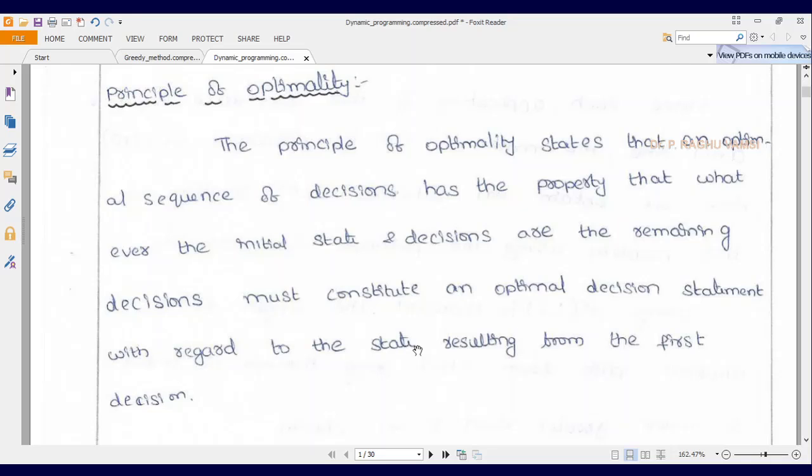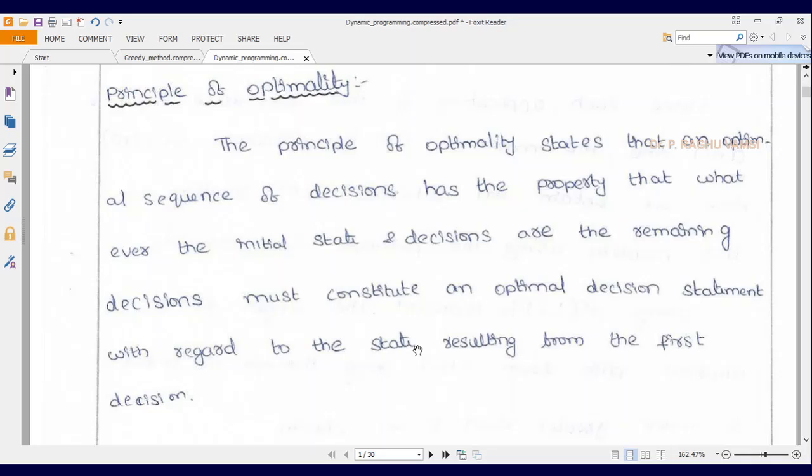So here the principle of optimality doesn't hold. But if you get more than the previous stage, then it is said to be the principle of optimality. That means you have achieved better marks than the previous degrees. So this is what the principle of optimality is.